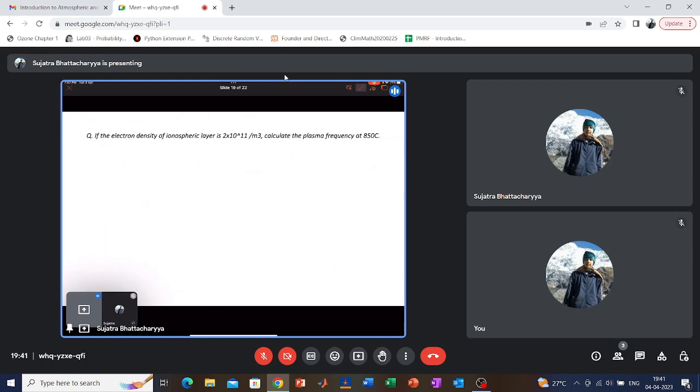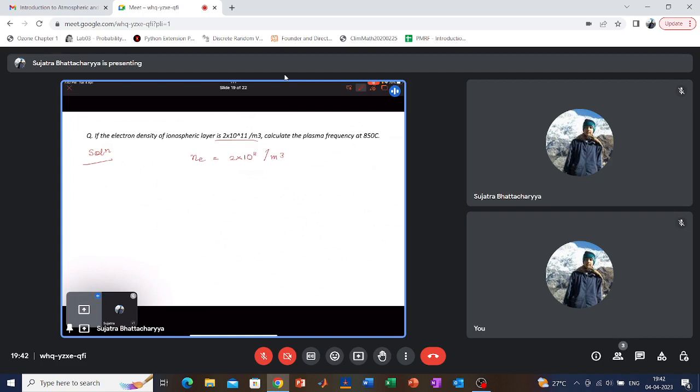Now quickly we do 4 numericals, which are simple numericals, so we can then wrap up with this. Given the electron density of the ionospheric layer, n of E is 2 into 10 to the power 11 per meter cube.